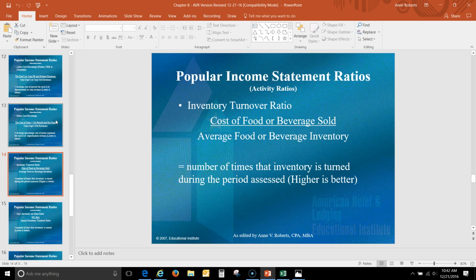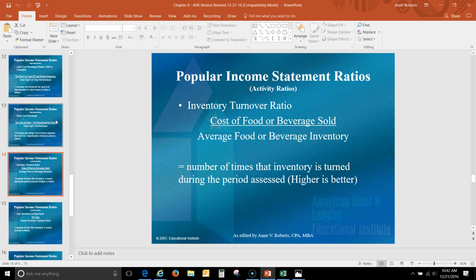So if the inventory turnover ratio ends up being 52, we've turned over our inventory how often? Once a week. If it comes up to a ratio of 12, we've turned it every month. Okay? If it comes up to 26, we've turned it every 2 weeks.